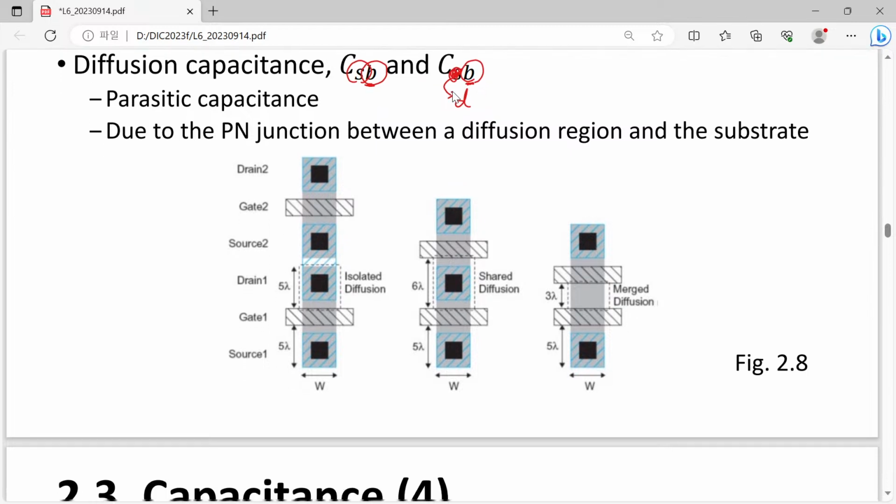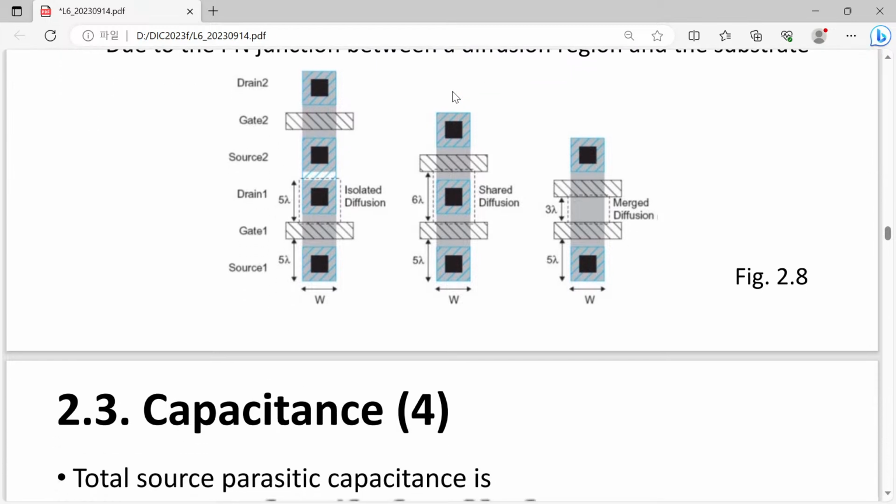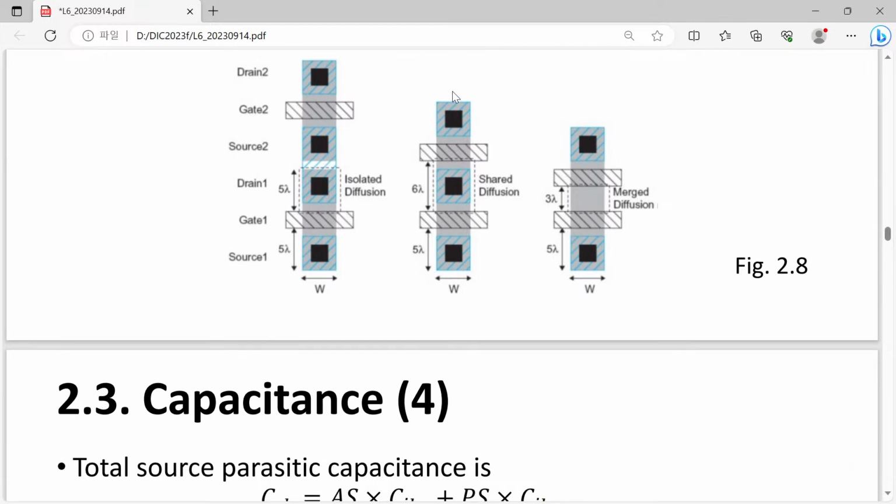Then let's go to this figure 2.8. Here we have two transistors connected. Then you can see that although the structure, if we draw it in a schematic way, will share the same schematic, you can see that we have different structures.